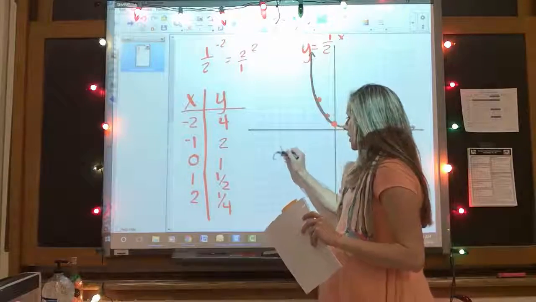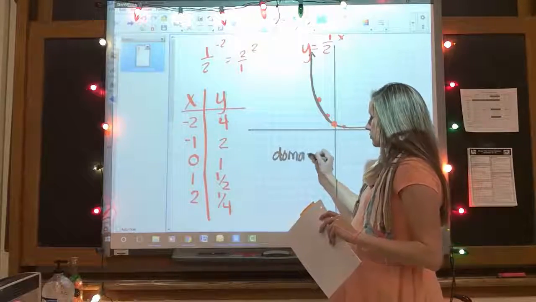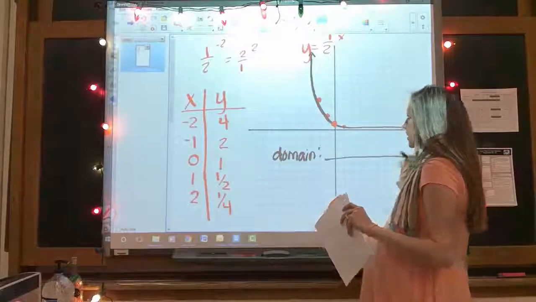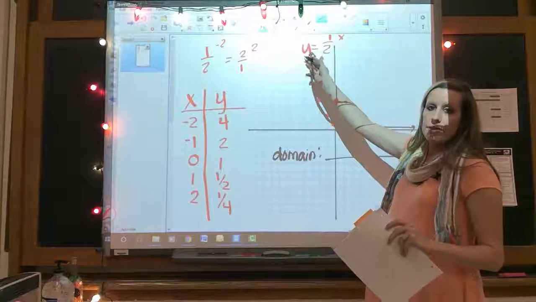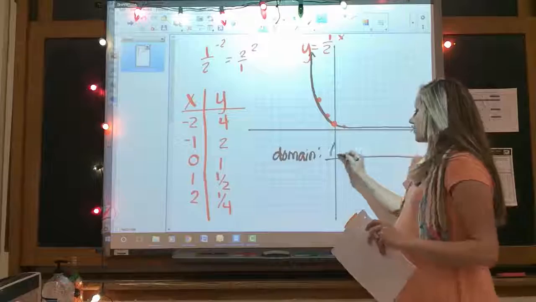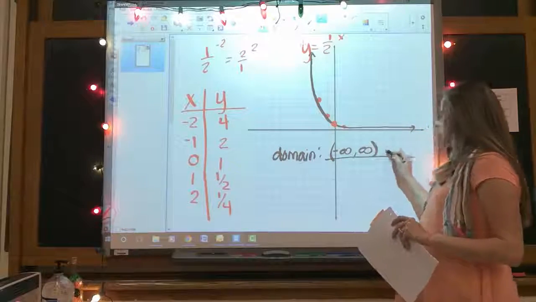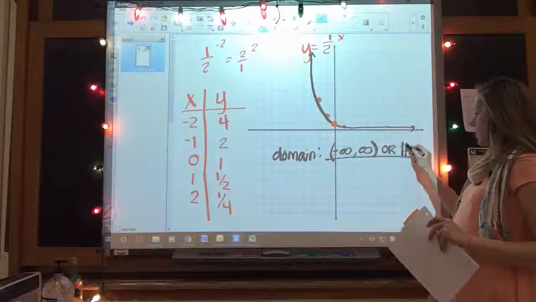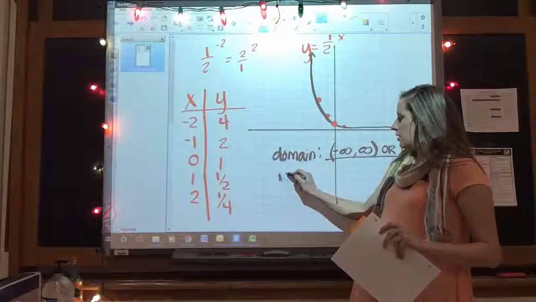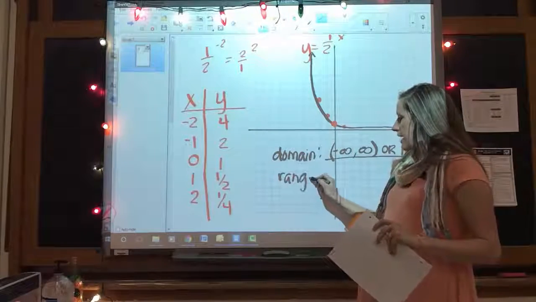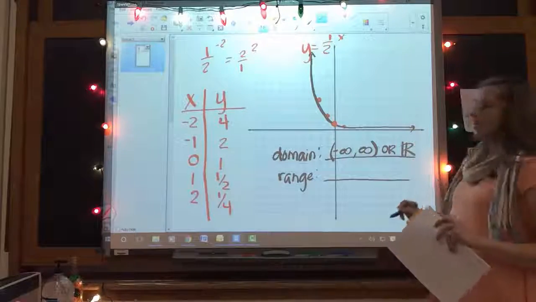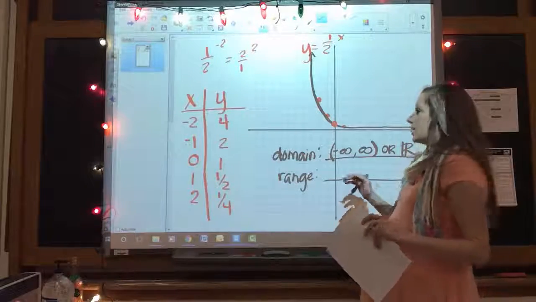So our domain is our x's. It goes to the left forever and ever, and it goes to the right forever and ever. So it'll be negative infinity to positive infinity, or all real numbers. The range is kind of like the last one.